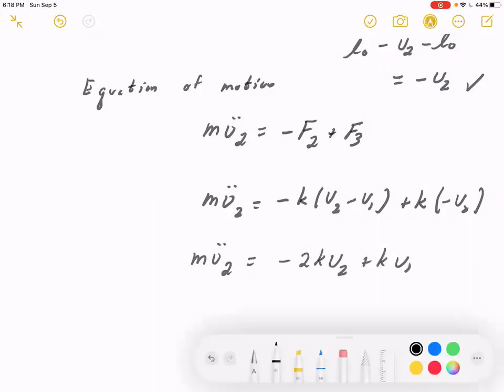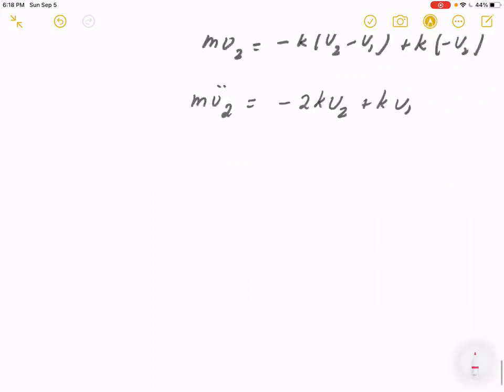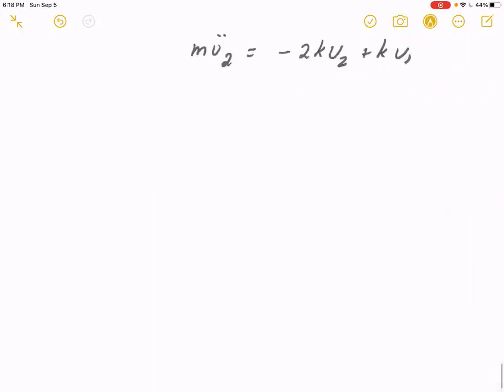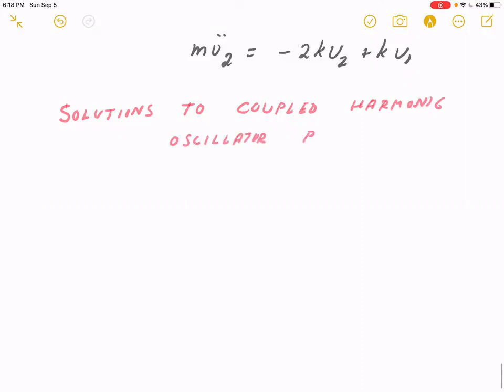Okay, so the solutions, plural, to the coupled harmonic oscillator problem are as follows.